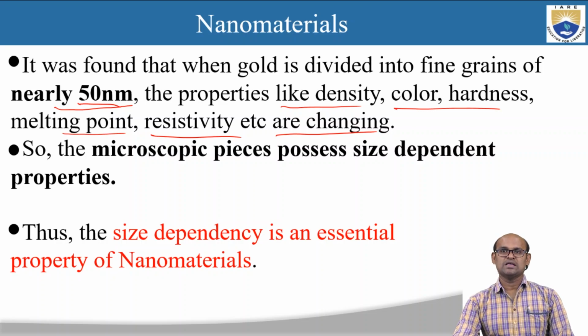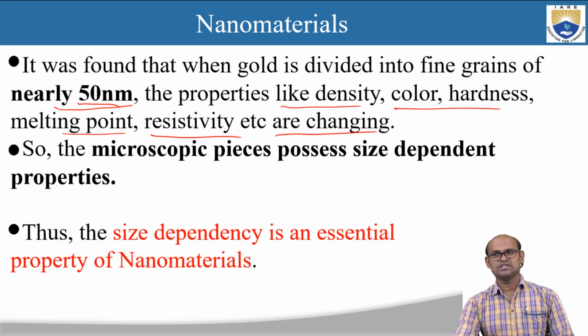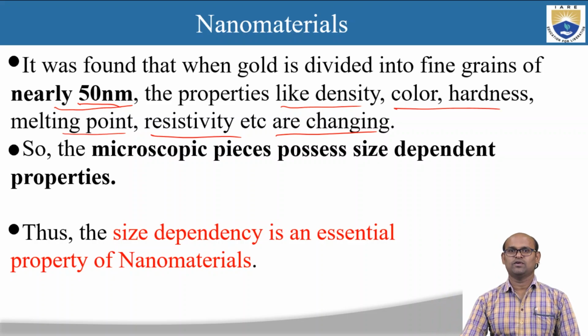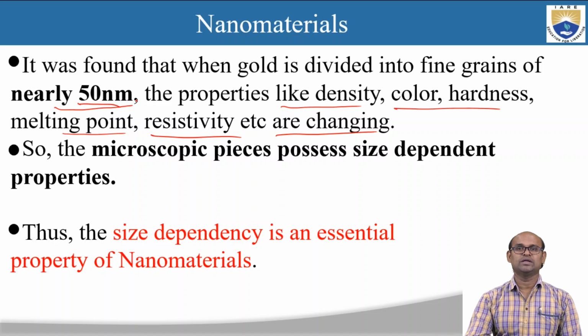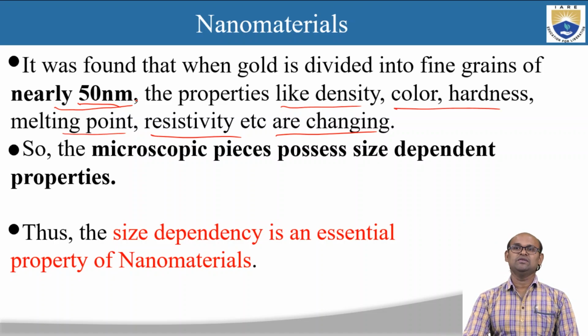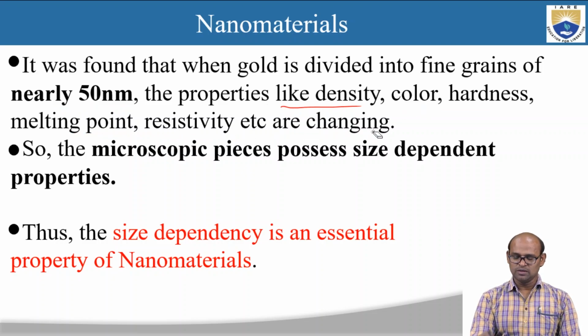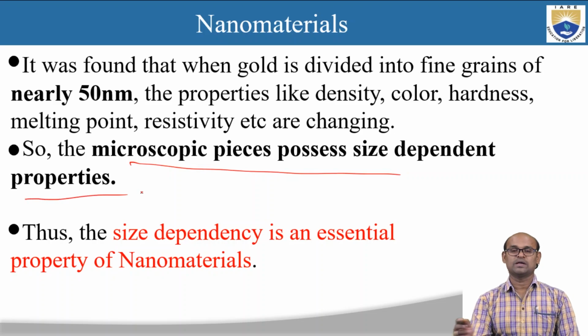So when you take the material from macro scale, around centimeter scale, and divide further and further down to around 50 nanometers, we find that the properties of this material change. So we say that the microscopic pieces possess size dependent properties.